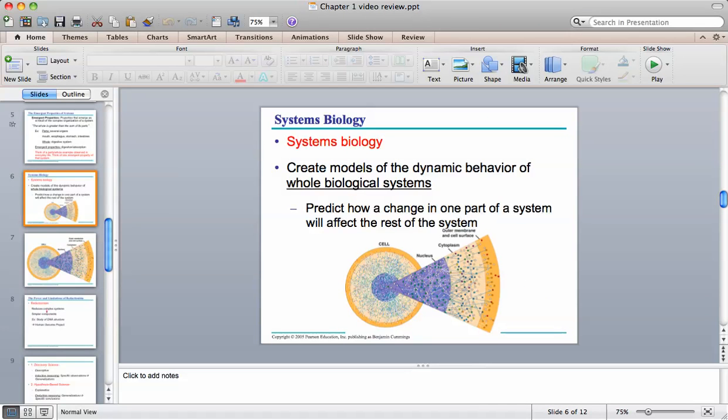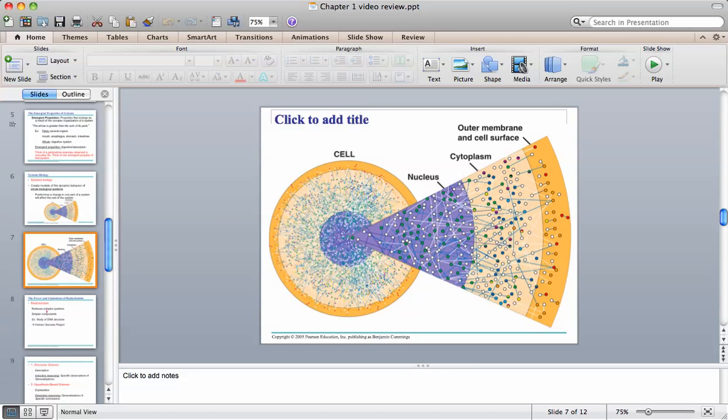So systems biology, it's really the goal of science these days, but it is very difficult because there are so many interacting parts. And the goal here is to understand how all parts interact, and that is a very tall order. Just looking here at this one cell in a tiny organism called Drosophila, a fruit fly, we see the nucleus, and then we have the cytoplasm, and then the plasma membrane of this cell.